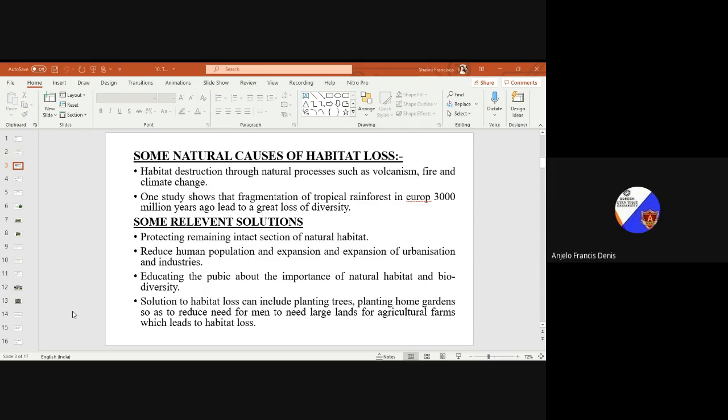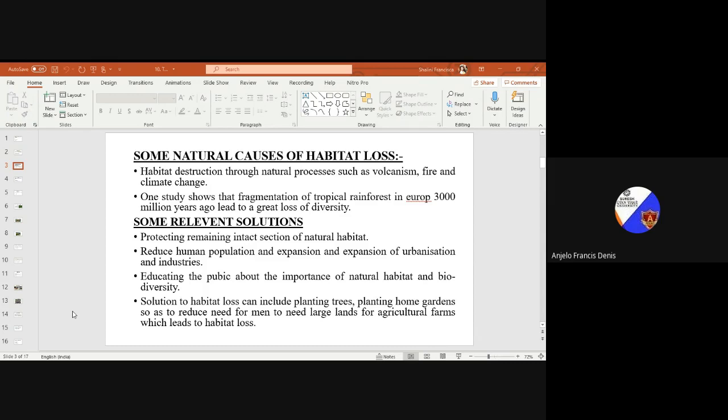There should be proper provisions to educate each and every citizen of the country to make them aware. Different awareness programs should be started to educate the people, especially from the rural area, to let them know the importance of natural habitat and biodiversity.